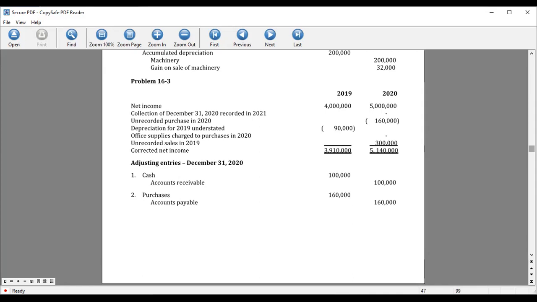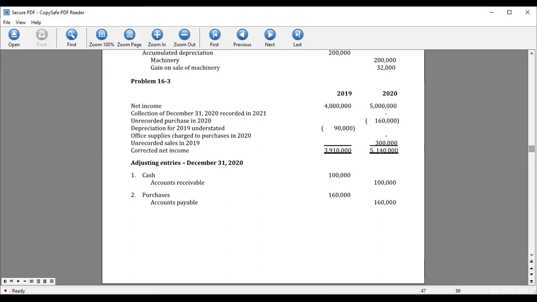We have the amount of 100,000. Now, actually, the entry was supposed to be a debit to cash and to credit accounts receivable. Since we are given the beginning balances as net income, the entry has no effect on our net income. So meaning the effect will be on our accounts receivable in the statement of financial position.